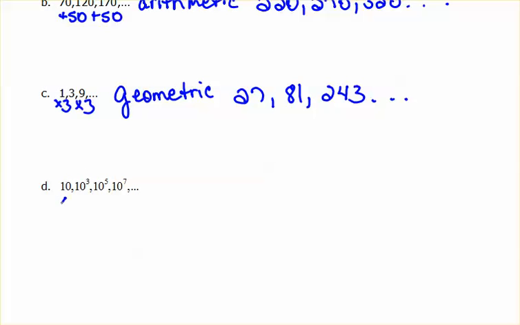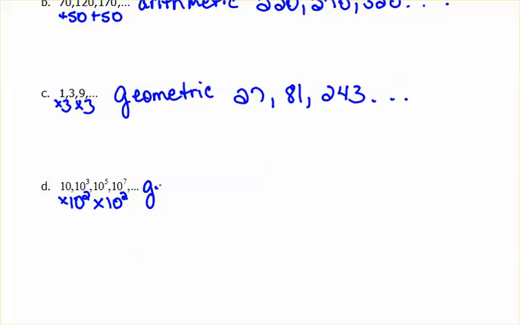So what we're multiplying by here is 10 to the second, because 10 to the first times 10 to the second, you would add the exponents to get 10 to the third. And then multiplying 10 to the third times 10 to the second, you're multiplying like bases, so you would add the exponents to get 10 to the fifth, and so on and so forth.